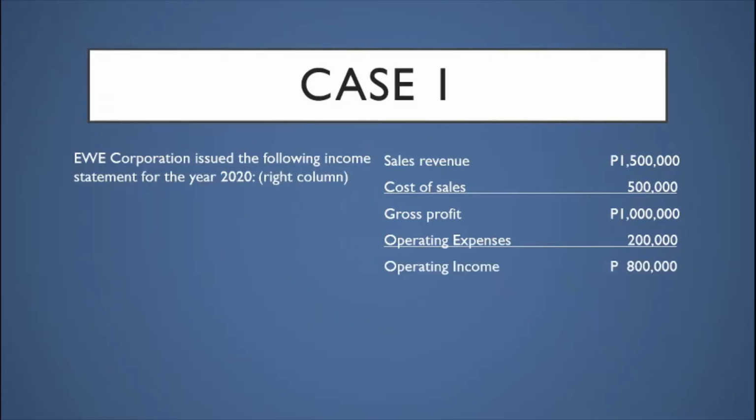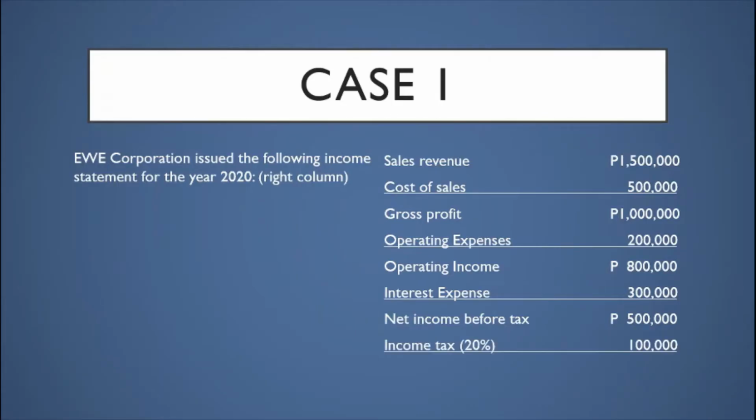Operating income, 800,000 pesos. Interest expense, 300,000. Net income before tax, 500,000 pesos. Income tax is at 20%. That will give you 100,000 pesos, giving you a net income after tax of 400,000 pesos.